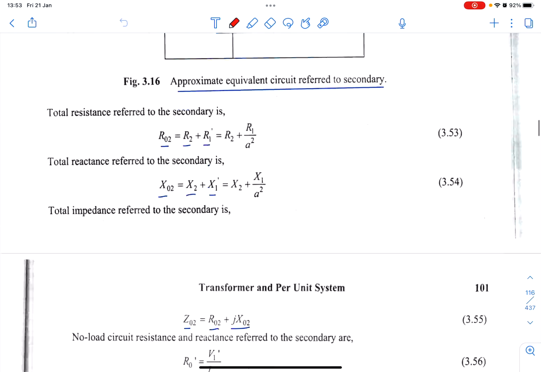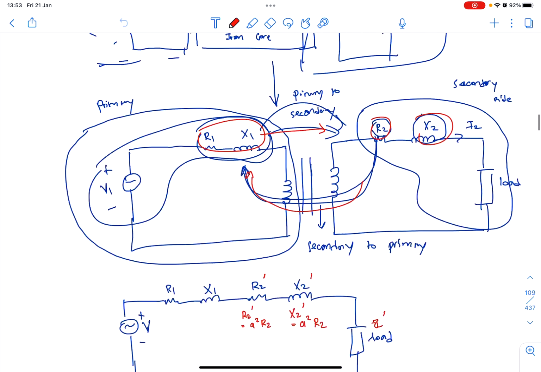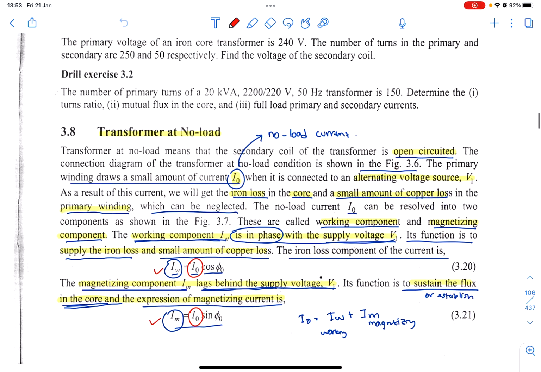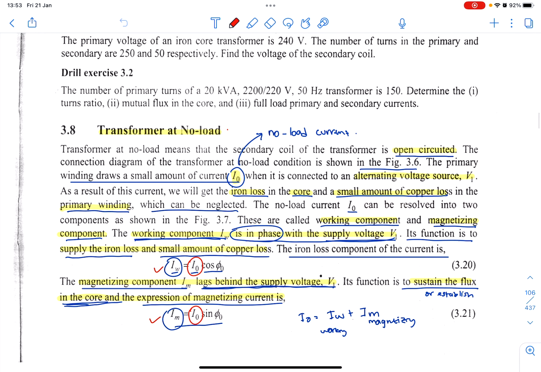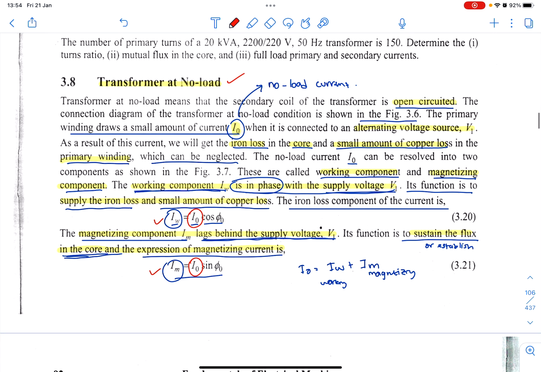To summarize all of the lecture for today, for this week's lesson, first you looked into the transformer at no load, where you have two components, which are the working component and the magnetizing component, or you can call them working current and magnetizing current.